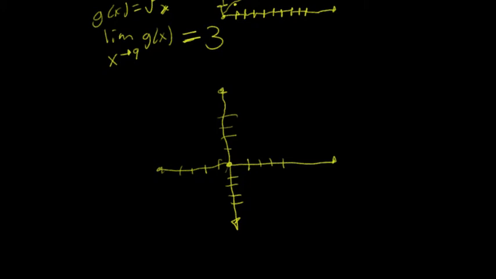So this is x equals 1, x equals 2, x equals 3, x equals 4, y equals 1, y equals negative 1, x equals negative 1, and so forth. And you saw the greatest integer function basically looked like this. A bunch of stair steps with open and closed circles at the integers.